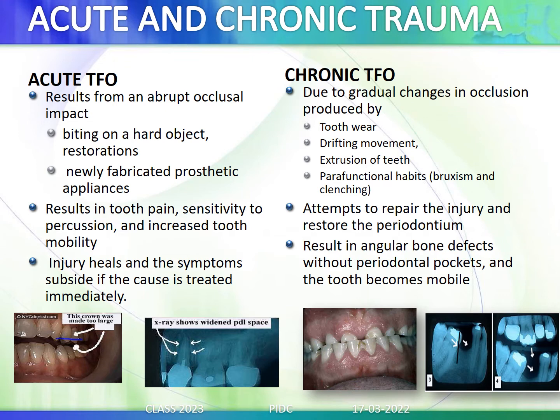So this takes years to produce changes in the surrounding periodontal structures, and in attempts to repair the injury and restore the periodontium, this might result in angular bone defects without periodontal pockets, and the tooth might become mobile in this case. But this is without periodontal pockets, and therefore we need not worry about the pathology caused by periodontal pockets.